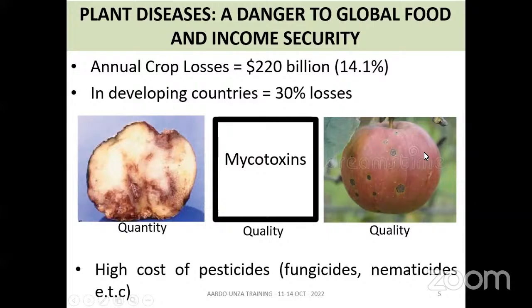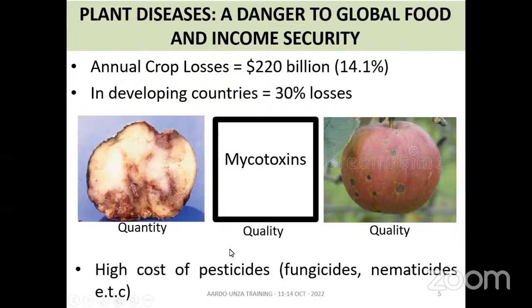So on the far right, what you see is an apple. Some people might pick this apple and eat it and everything is okay. But in some sensitive supermarkets, if you are a farmer trying to supply apples looking like this, the supermarket might tell you this is not good for our standards. So they will reject your consignment.